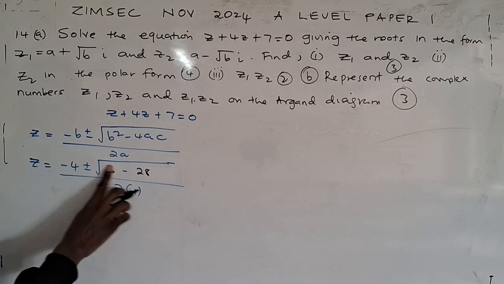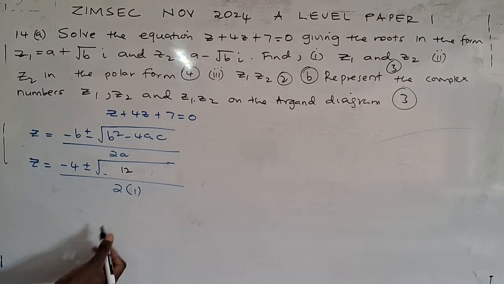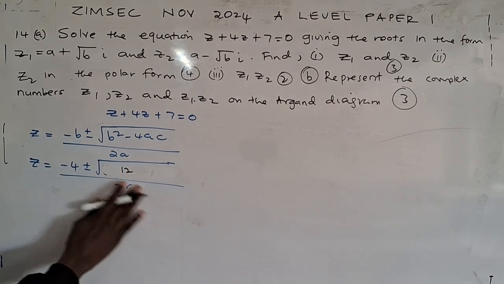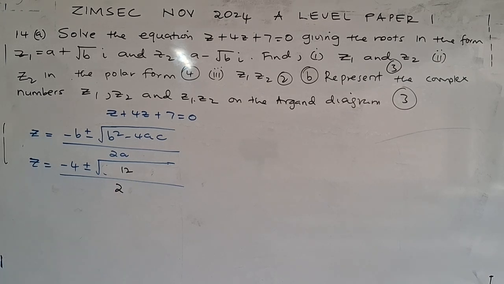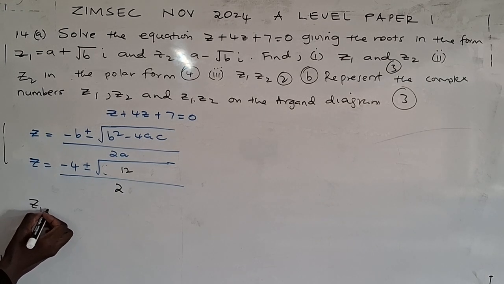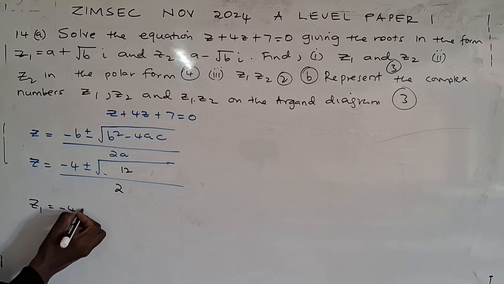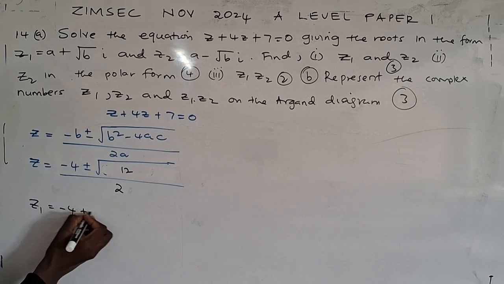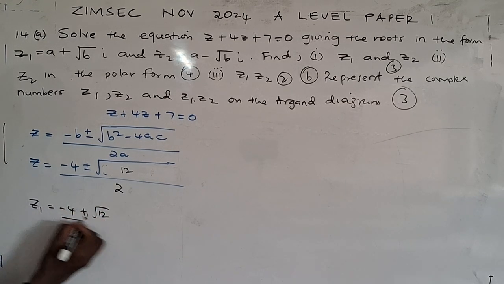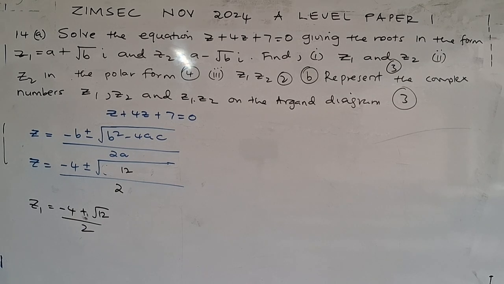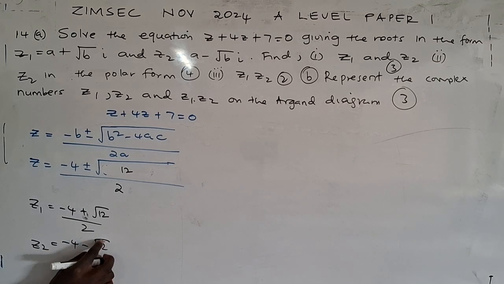Here the answer is negative 12. 2 multiplied by 1, the answer is 2. Now, it means z1 is equal to minus 4 plus the square root of negative 12, divided by 2. And z2 is equal to minus 4 minus the square root of negative 12, divided by 2.